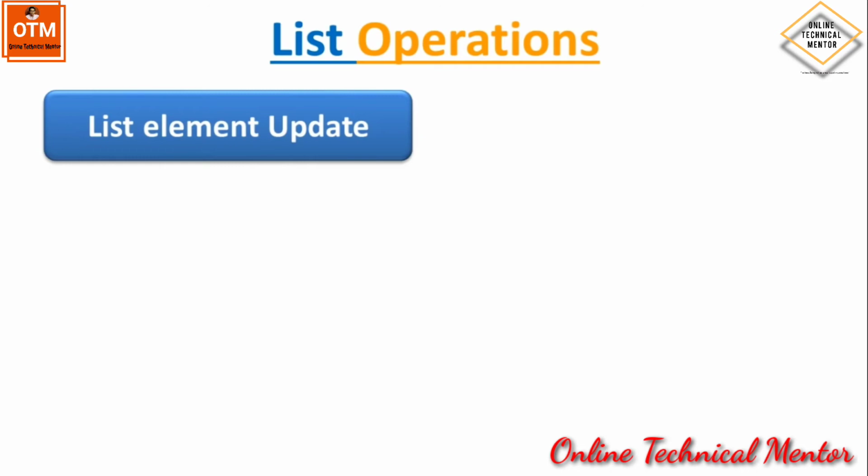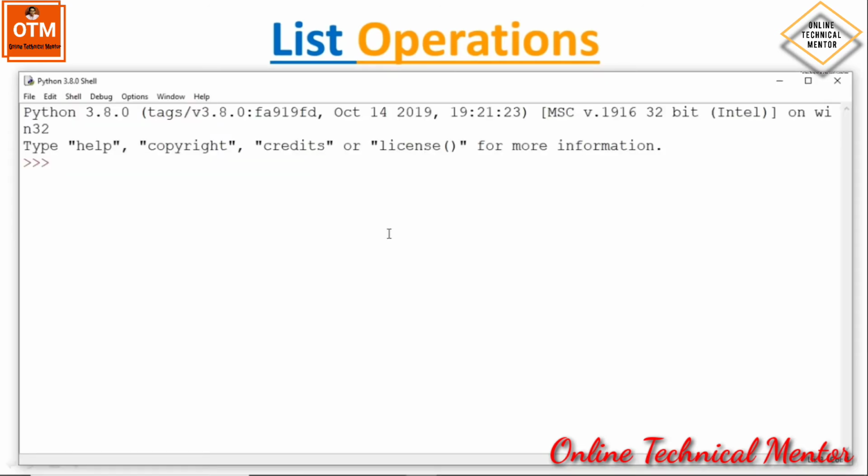That is why it is called a mutable object. Let me show you an example of list element update. Let me declare a list as A equals, say, ball. The characters of the word are my list elements. So B, A, L, L, these characters are the list elements of A. Now if I write A[0], it will return the first element B. Now you want to update the first element with, say, C. You can simply write A[0] equals 'C' within single quotes and then give enter.